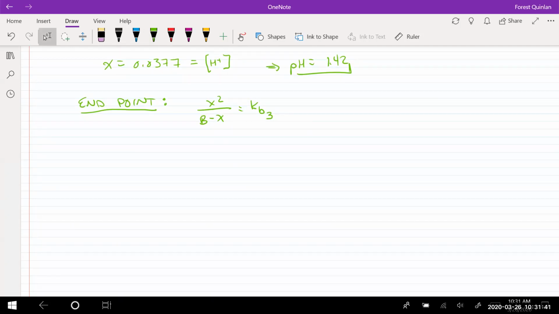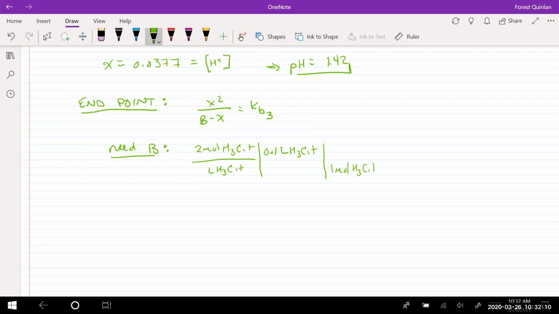So we need B. And of course, that comes from our initial stuff. So that's 2 moles of H3Cit per liter of H3Cit. And we started out with 0.1 liters of H3Cit. And we know 1 mole of H3Cit gives us 1 mole of Cit3 minus.